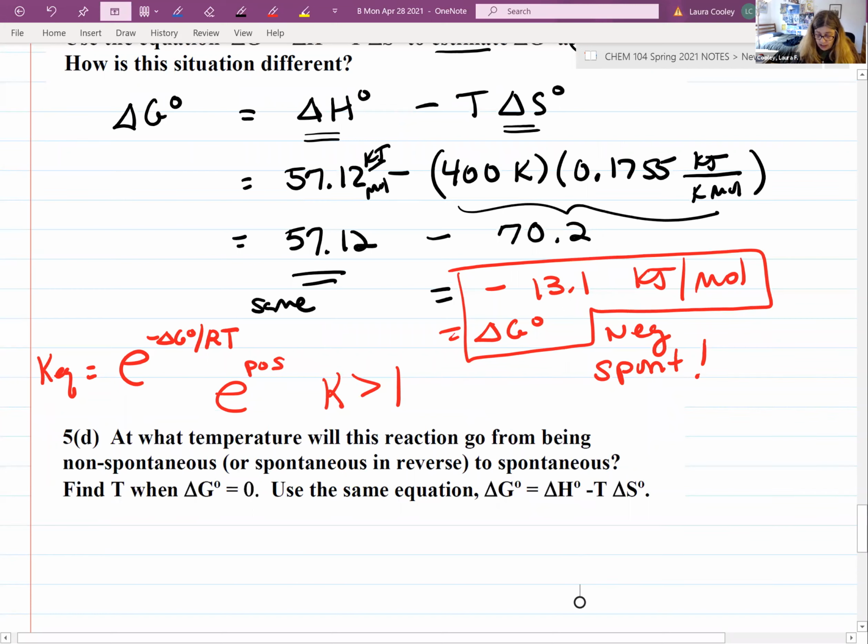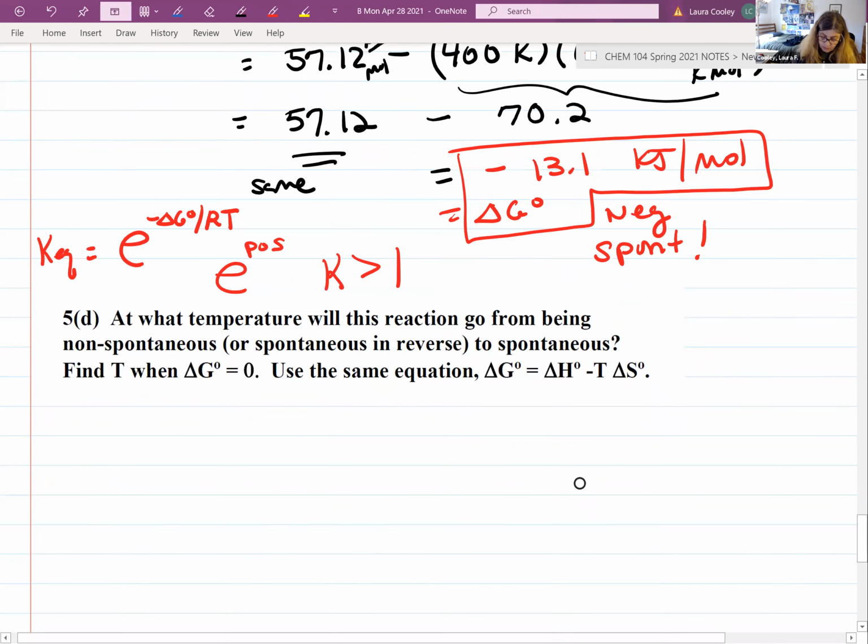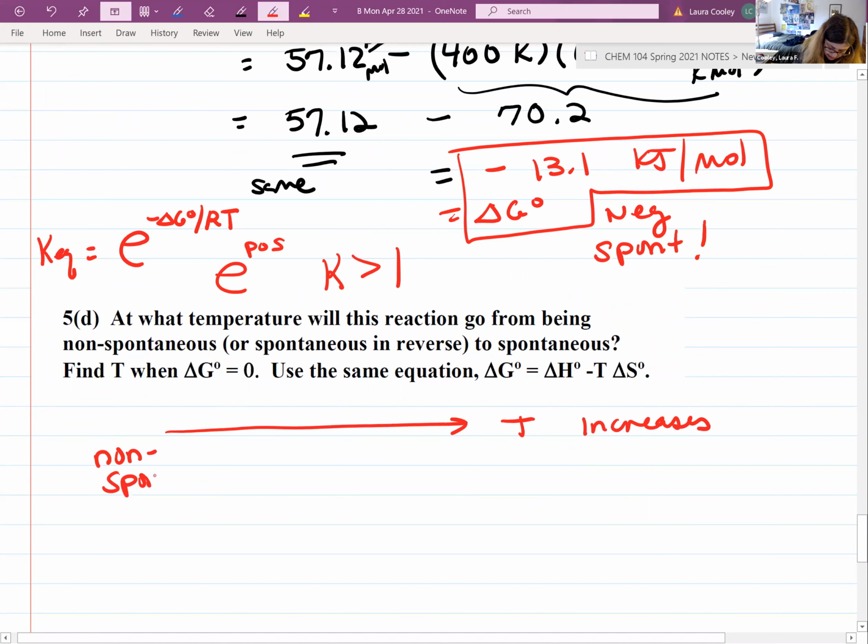So this reaction has gone from being non-spontaneous to spontaneous by changing the temperature. So as the temperature goes up, it goes from non-spontaneous to spontaneous. And again, you could think about it as you have these two contributions. This is positive and positive.